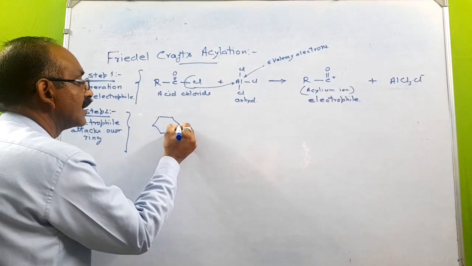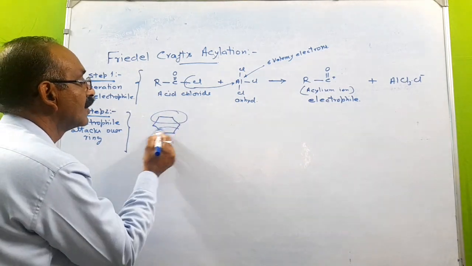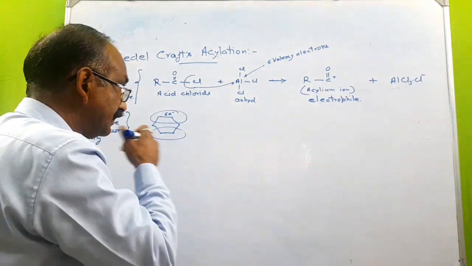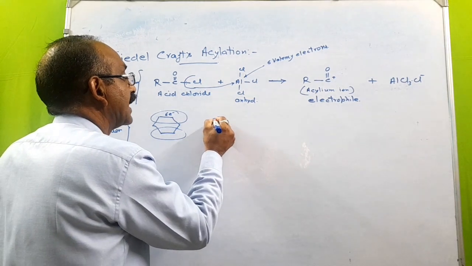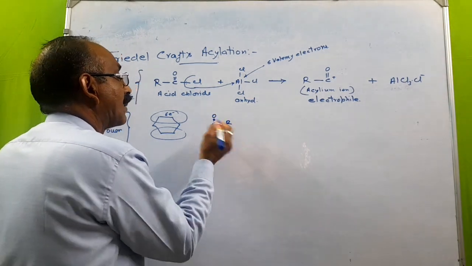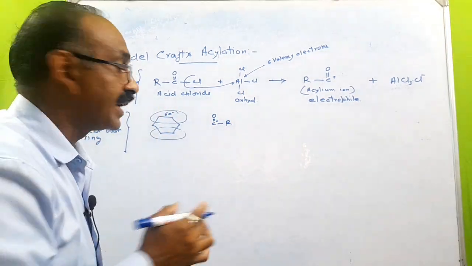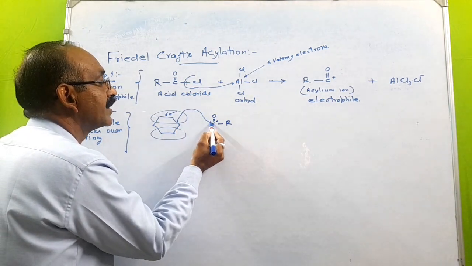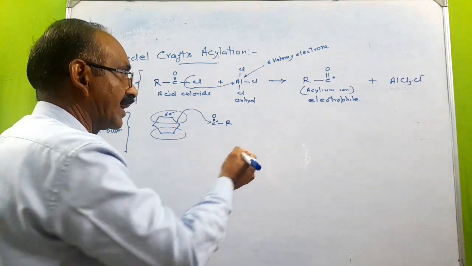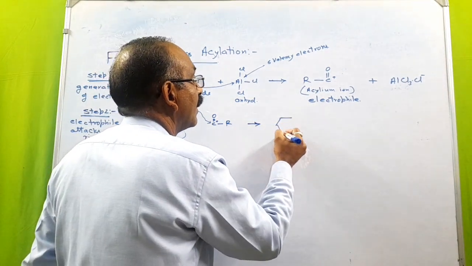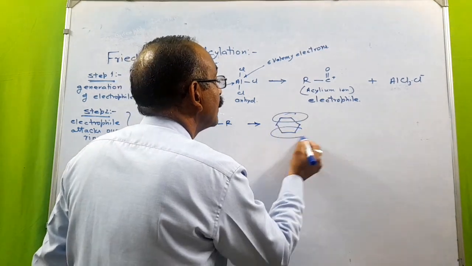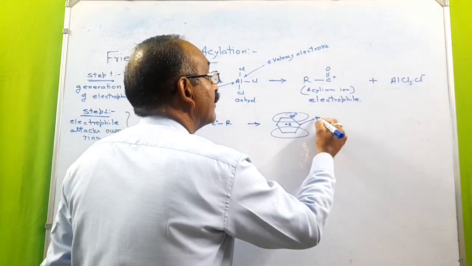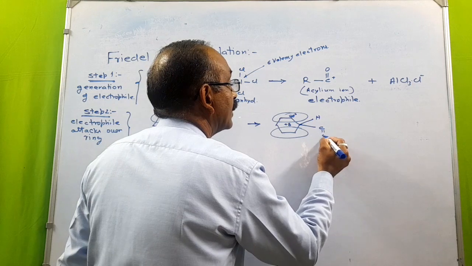Actually, in the benzene ring there is an electron cloud above and below the plane of the ring, and now this electron deficient species approaches the ring, and by making use of 2 electrons from the cloud, the ring forms a bond with this electrophile, and now the ring will become electron deficient. Only 4 electrons will be left.